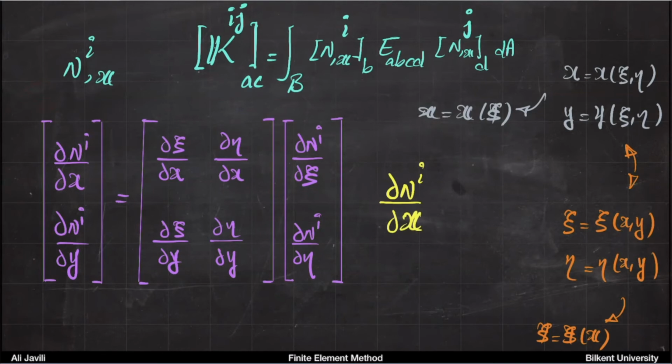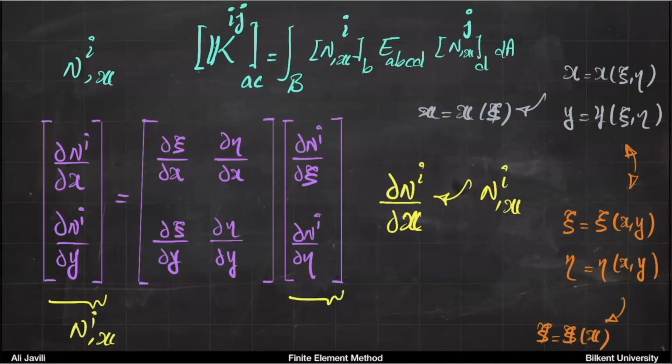And remember, we just called it Nix. So this is essentially my Nix. It's the derivative of shape functions with respect to x coordinate. This is now Niξ, sorry, Nix.